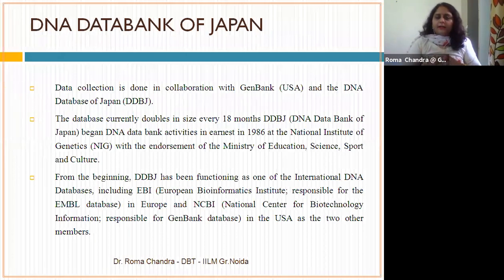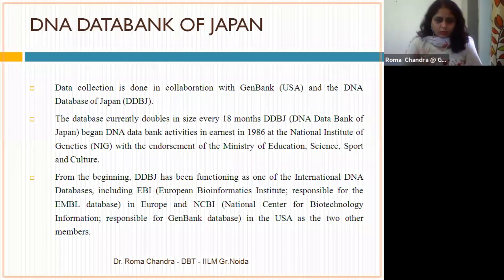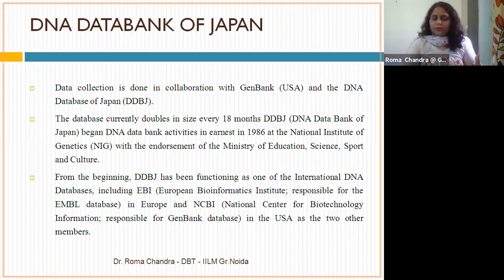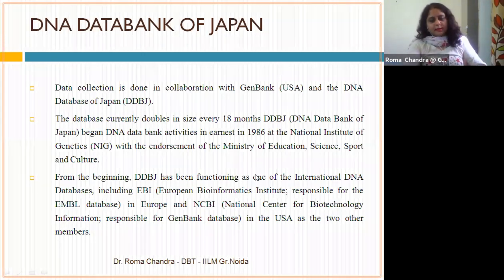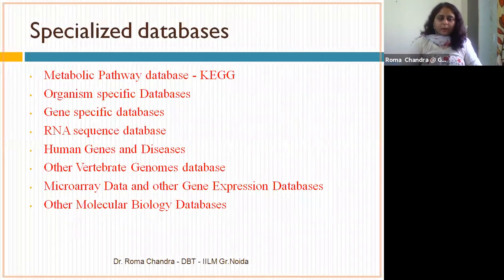This database came into existence back in 1986, and the National Institute of Genetics maintains it. It deals with all sorts of nucleotide sequences, which are exchanged with the other two, GenBank and EMBL.